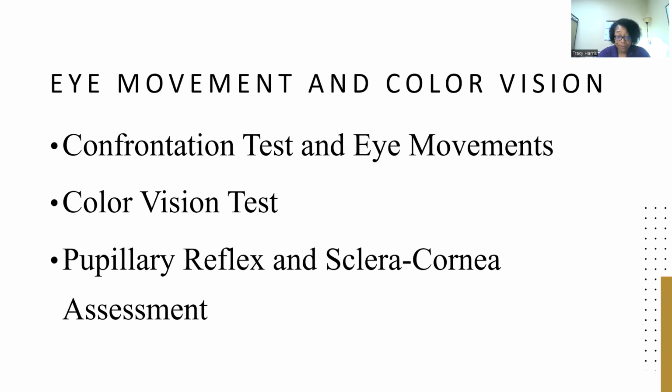So remember, a yellow color in the sclera may indicate jaundice or some kind of systemic issue. The cornea should be transparent, it should be smooth, but if there's any kind of cloudiness or specks, that could be from an eye injury of some sort. Okay.